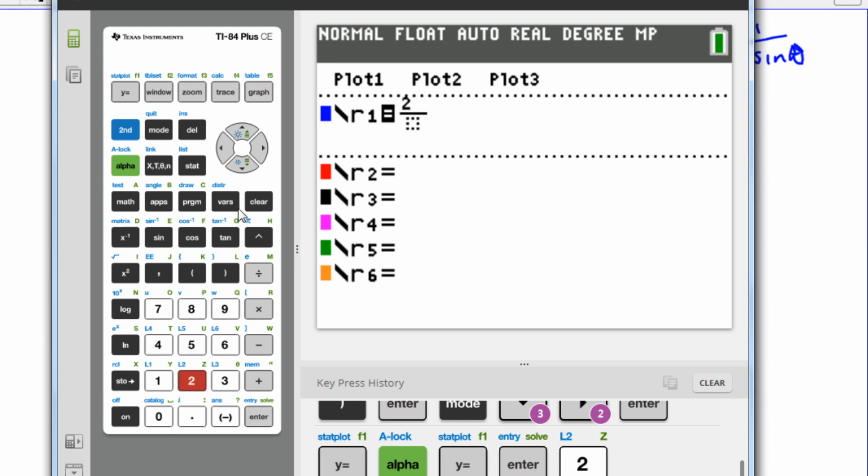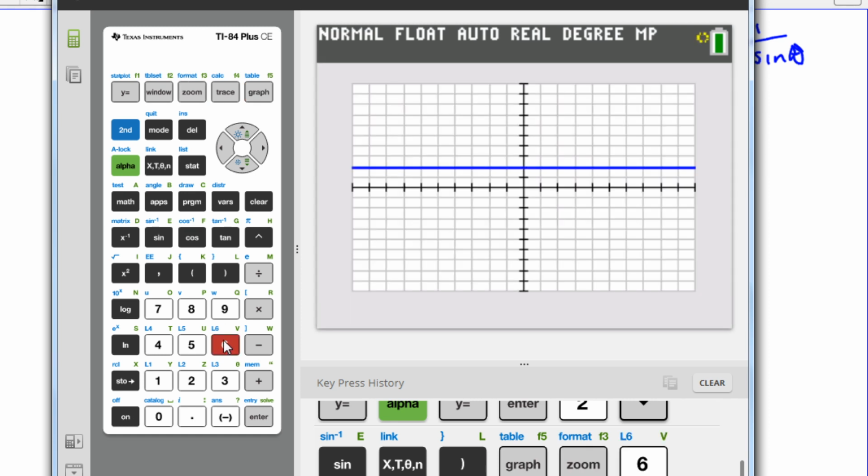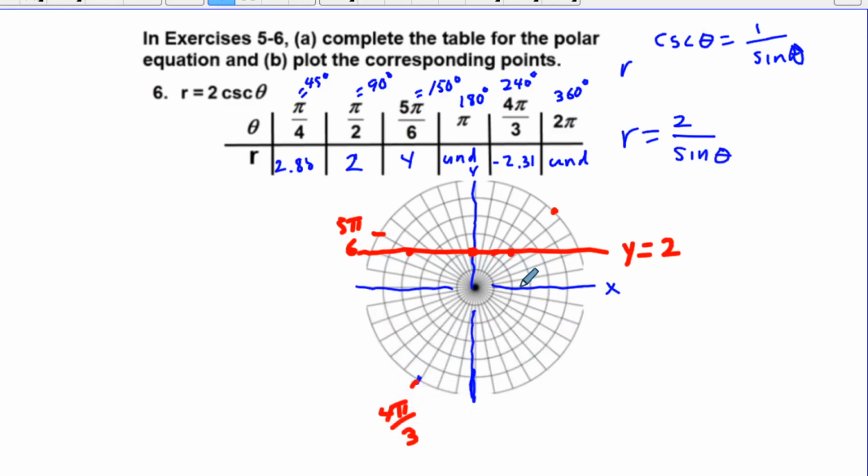So you have a horizontal line, y equals 2. That's a polar equation. Anyway, that's it.